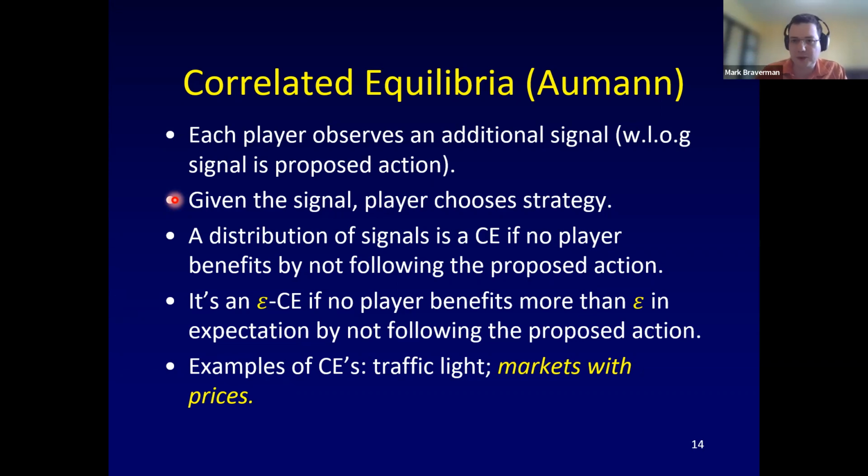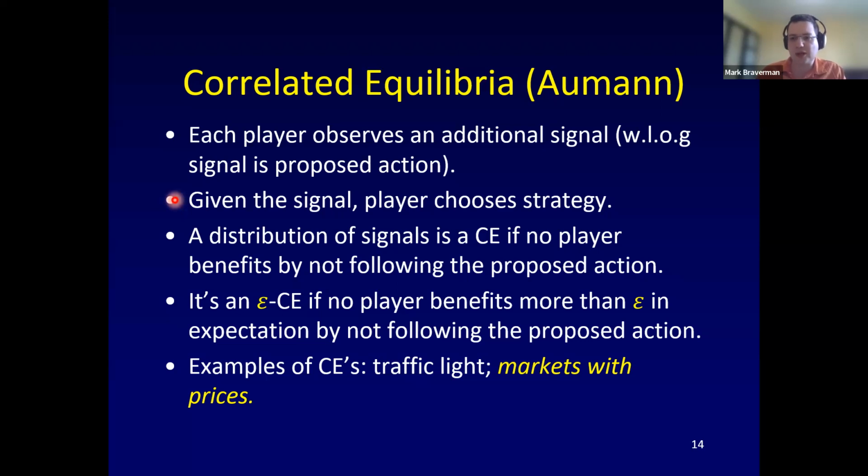When you teach correlated equilibria in a course, typically the first example is a traffic light. It's an interesting but a little scary game. It's like the game of chicken when there is an intersection without a traffic light, and there is a Nash equilibrium that you can compute there.